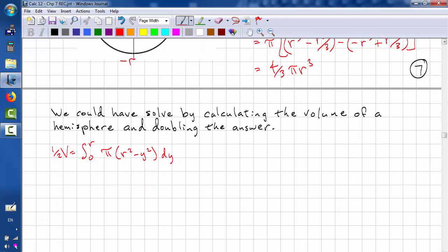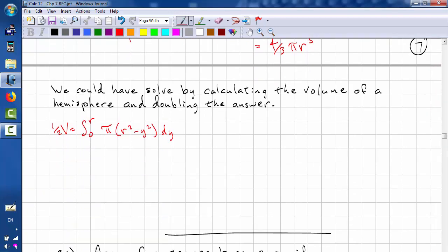And let's look at setting it up a different way. We could have solved by calculating the volume of a hemisphere and then doubling the answer. So 1/2 V equals the integral from 0 to r of the same function, pi times r squared minus y squared dy.